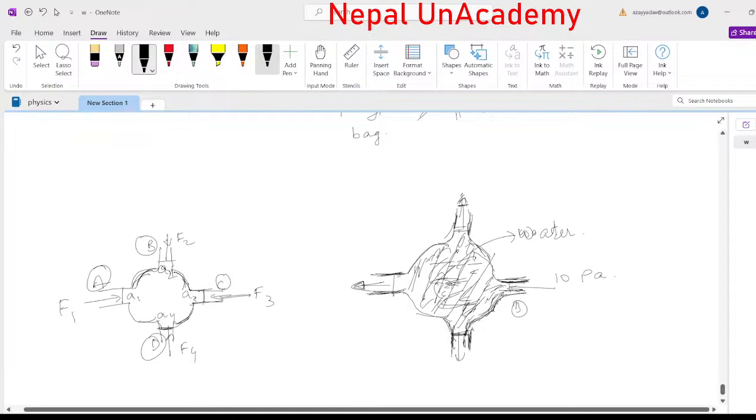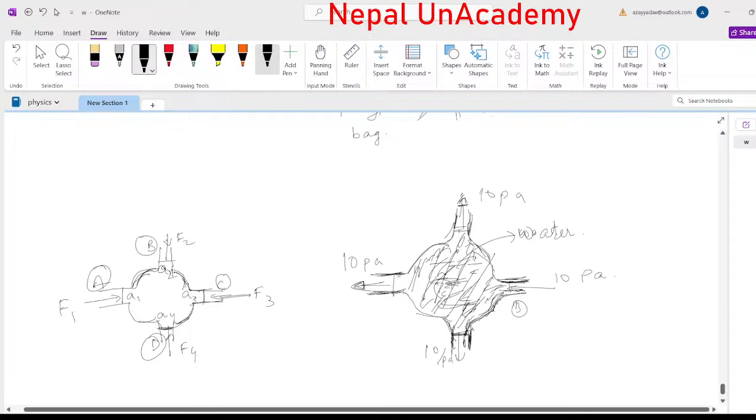This pressure will result in acting normally in all directions of the pipe or vessel. So here we see it is coming out with 10 Pascal, also with 10 Pascal, also with 10 Pascal.